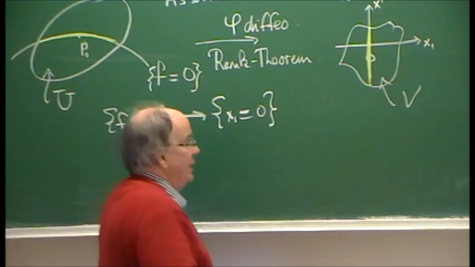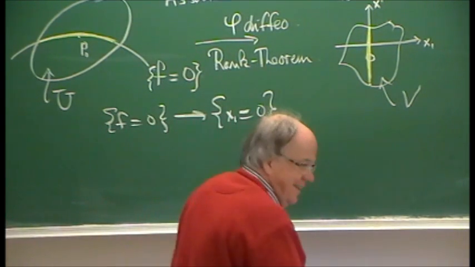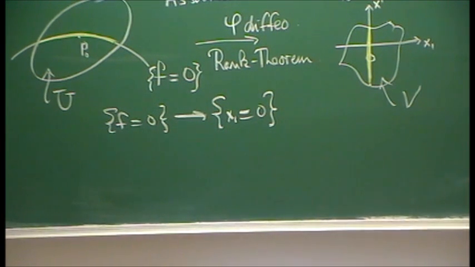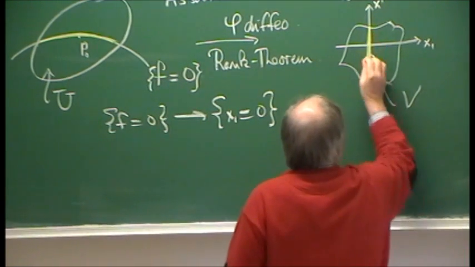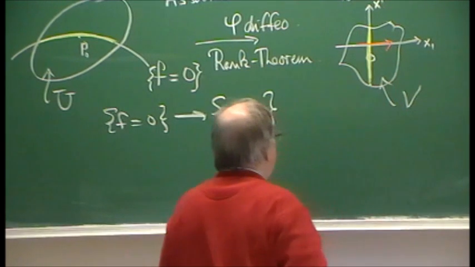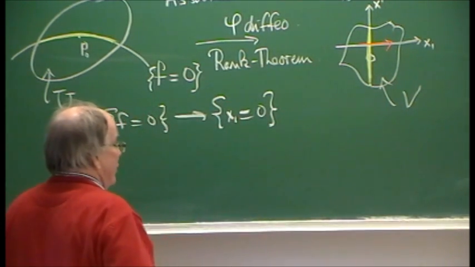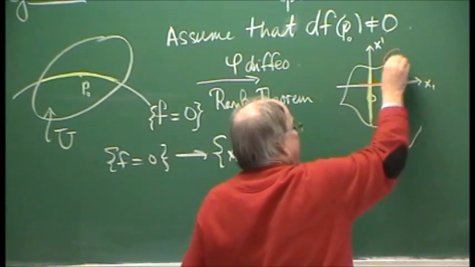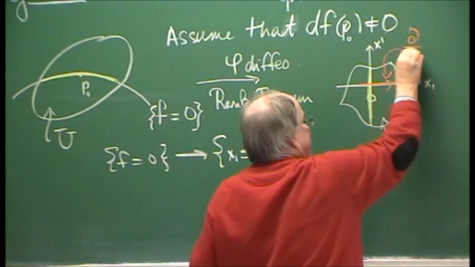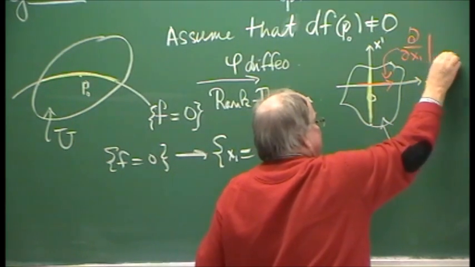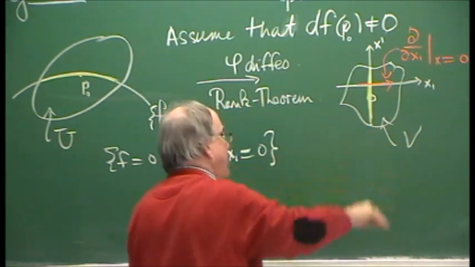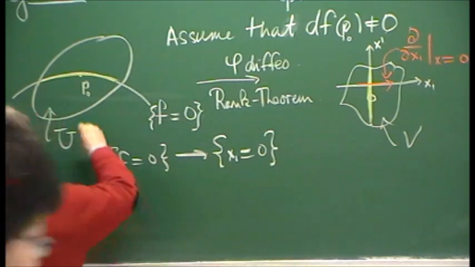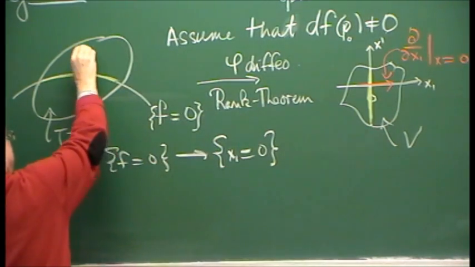Now, it's completely intuitive, I feel, that there's no metric here, but intuitively anyway, here's x1 equals 0, and the normal direction is orthogonal to that. That's the tangent vector, if you want to write it, d/dx1 at 0, is somehow orthogonal to that.